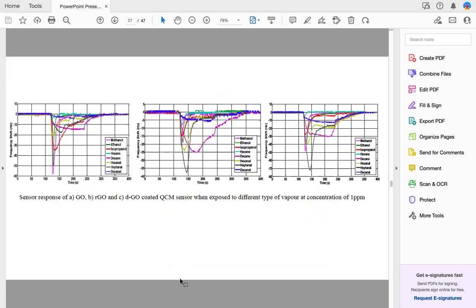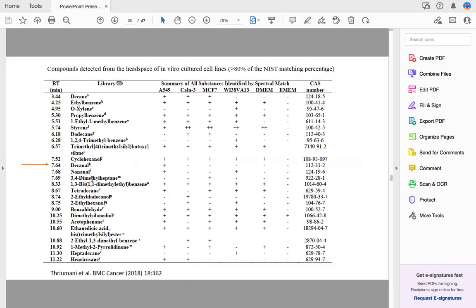So from there, we can develop an e-nose. In this case, I don't know whether it's correct, the canal is observed to have this, I think in A549.